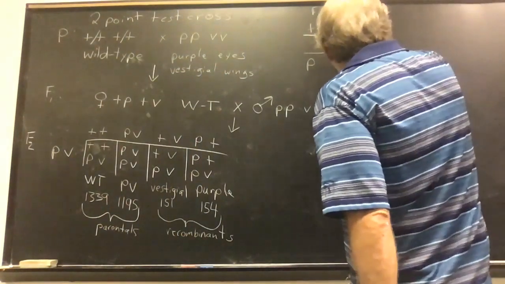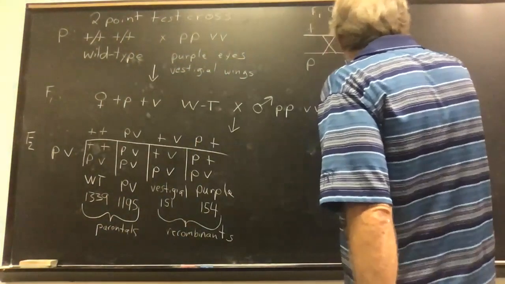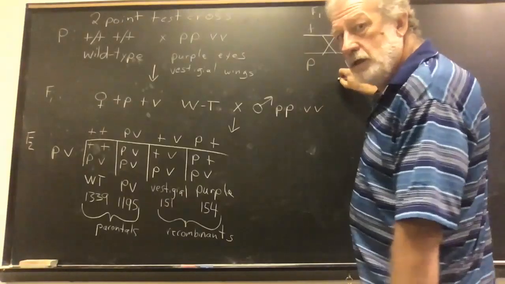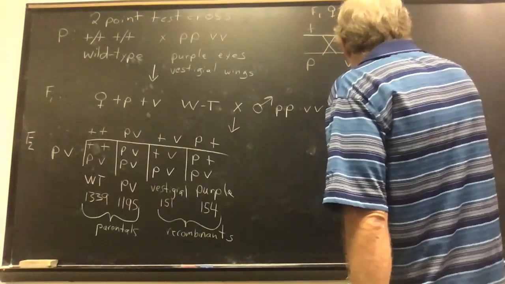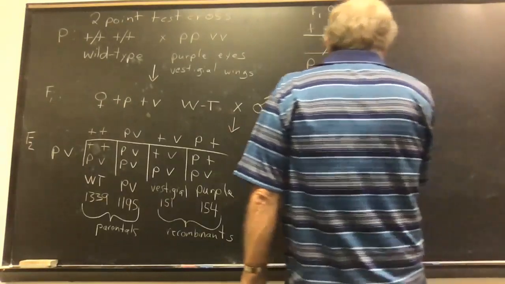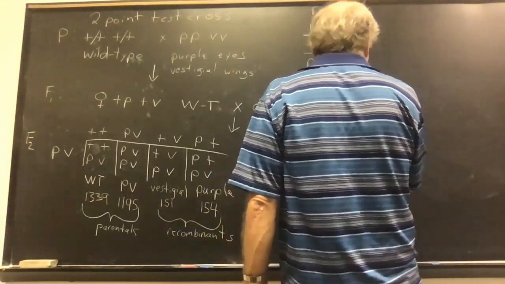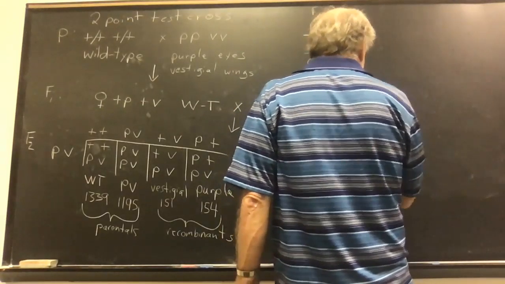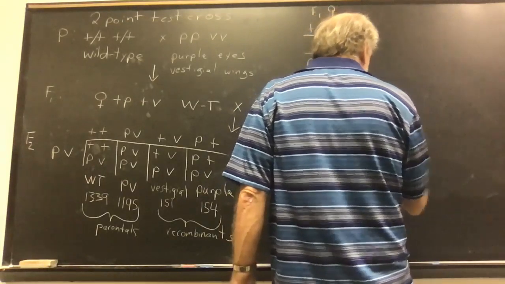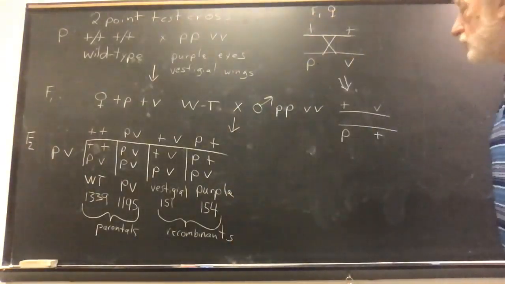A single crossover occurring between these two would result in recombinants being vestigial and purple.